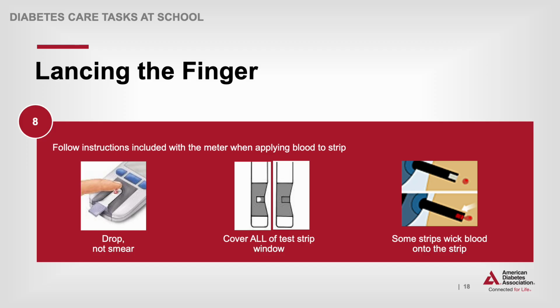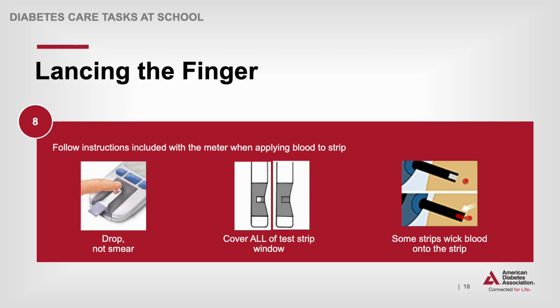Number 8. How blood is applied to the strip is a little different from meter to meter. Follow instructions included with the meter on how to apply the blood sample. This slide shows 3 different kinds of strips to illustrate some things to keep in mind. With the first type of meter and strip on the left, be sure to drop.